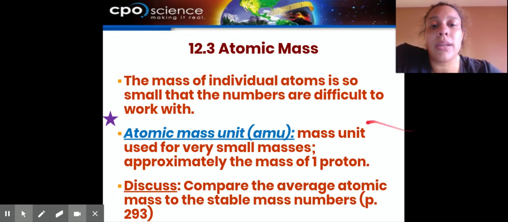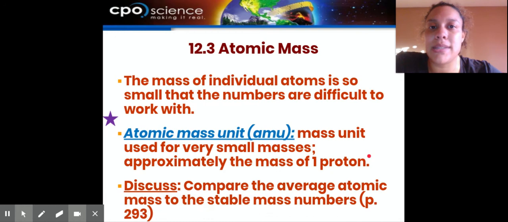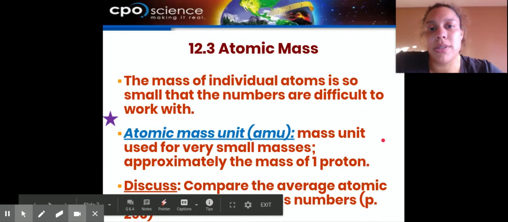An atomic mass unit is what we use to describe the base unit of the atomic mass on the periodic table. So instead of using something like grams, we use something known as an AMU, or an atomic mass unit, which is approximately the size of one proton, which makes it a lot easier to deal with. If we were working in grams, we'd have the insane decimal places that we were working with, and that's really annoying. So now we just call those AMUs.